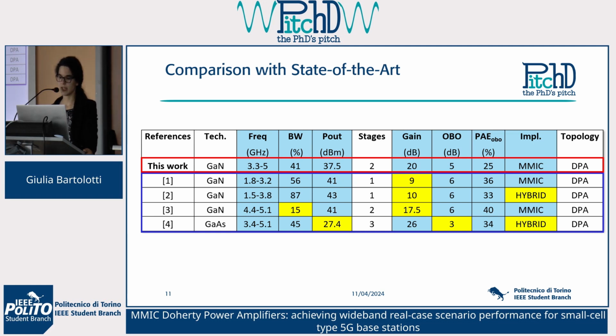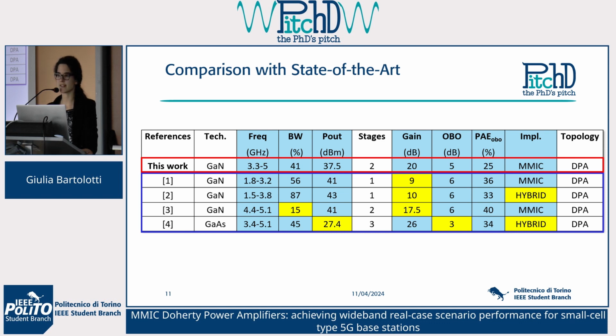In the third row, I show you a two-stage topology, so something that can be good and applicable to a real case scenario, but you can see that the bandwidth was much lower than ours. And in the final row, you can see a pretty good design that is able to achieve all the target specifications, but it is gallium arsenide, so a different process, and the target power is much lower, so it's kind of a different circuit compared to our case.